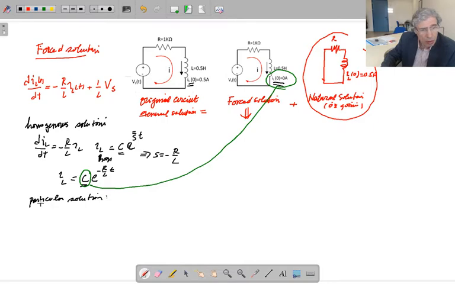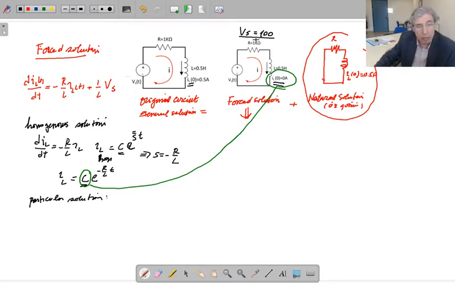We learned an alternative particular solution calculation when the source is DC. So in our example, Vs is equal to 100 volts. So if Vs is 100, it is the DC source.